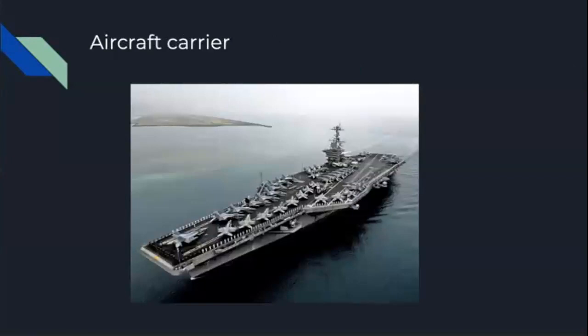Another example is an aircraft carrier, an object with much more mass than the little rock, but it seems to float nicely on top of the water, whereas the rock does not. It's because the density of the aircraft carrier is less than the density of the water below it.